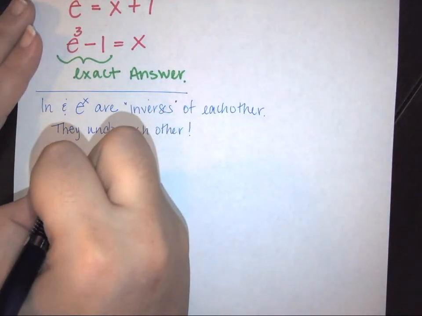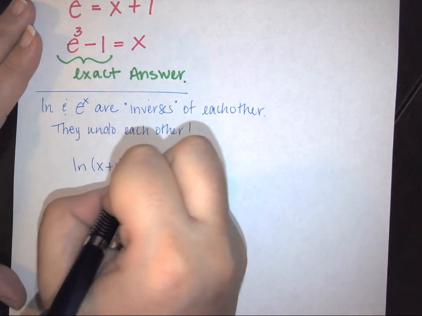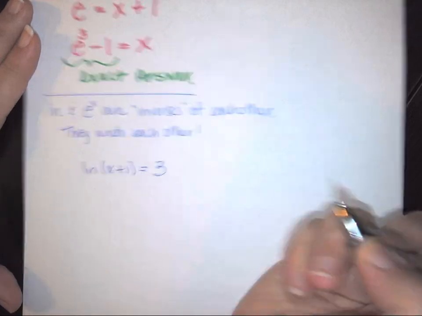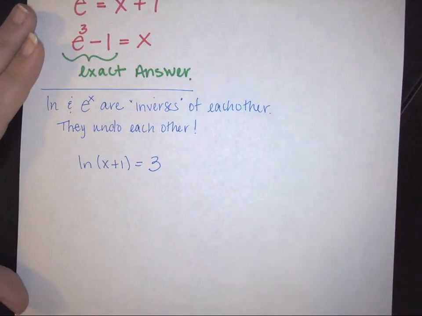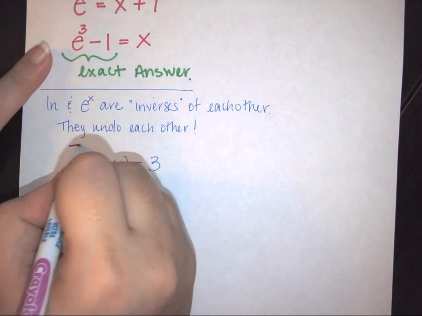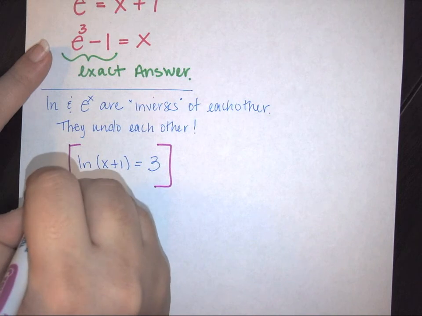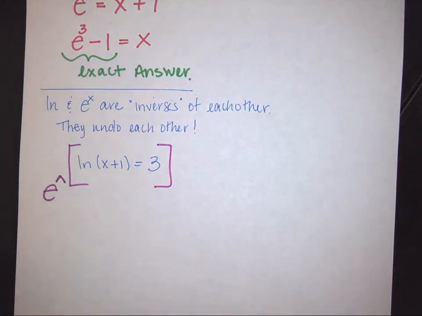So I have the natural log of x plus 1 equals 3. What I could actually do is raise the whole thing to the power of e. So I could raise this entire equation with e.